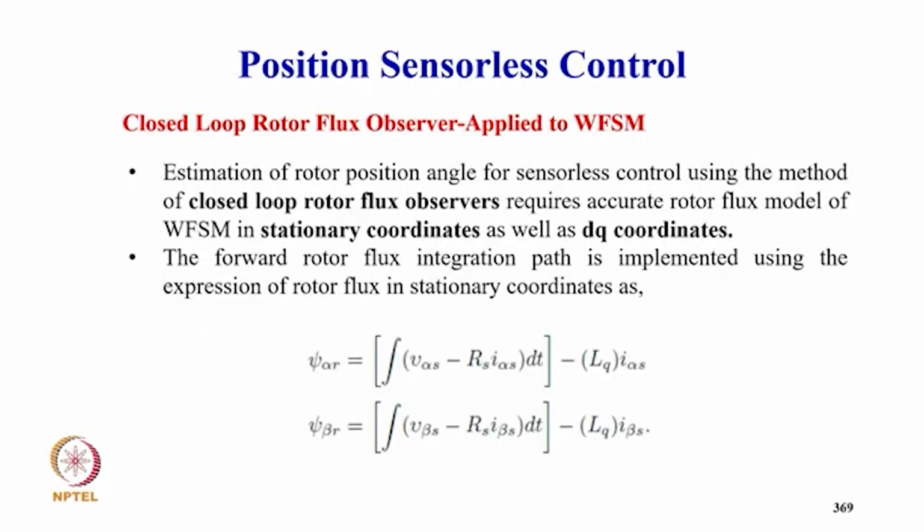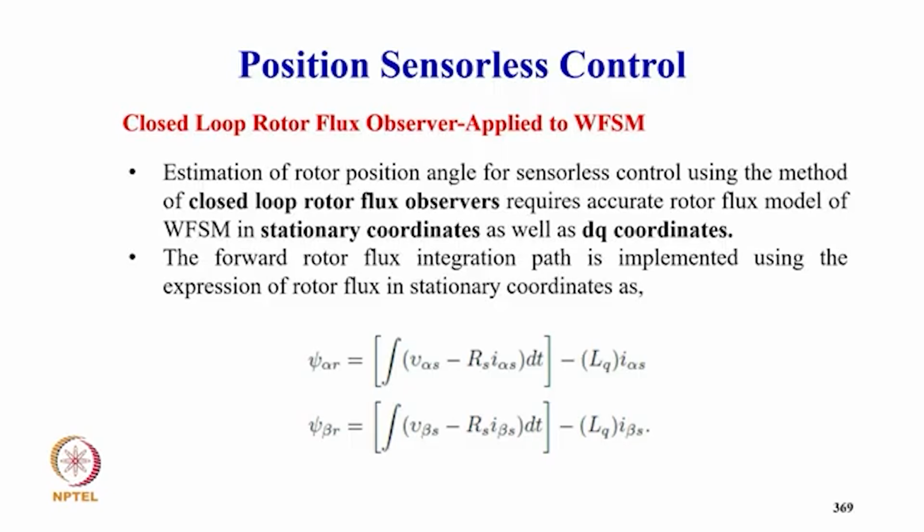Now coming to the closed loop rotor flux observer applied to the wound field synchronous motor. Estimation of the rotor position angle for stator flux sensorless control using the closed loop rotor flux observer requires an accurate rotor flux model of the wound rotor synchronous machine.